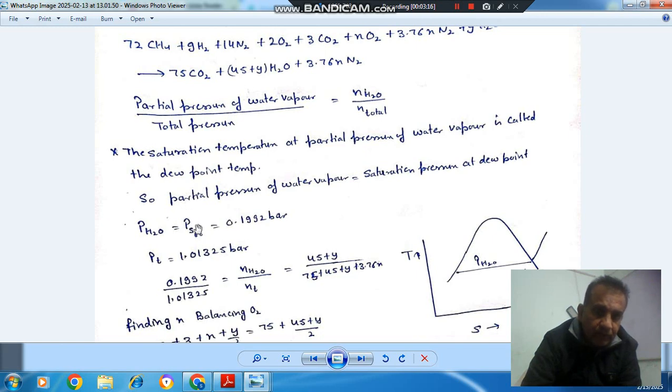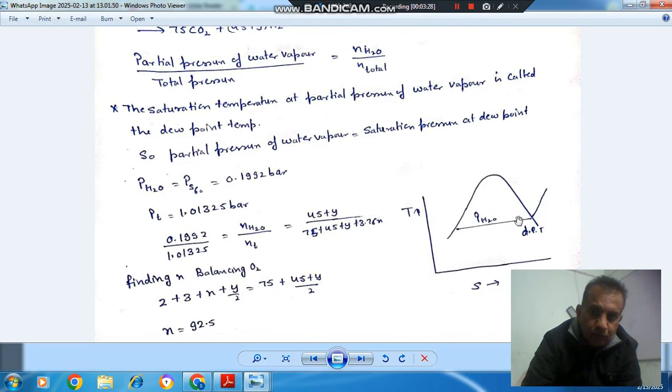The saturation pressure at the partial pressure of water vapor is called the dew point temperature, so the reverse is also true. The pressure remains the same; this is constant pressure heat addition.